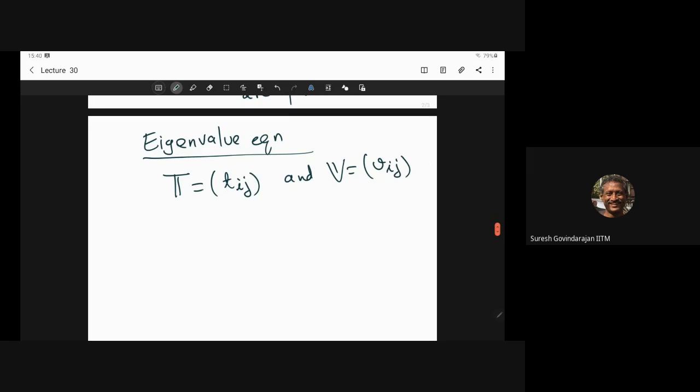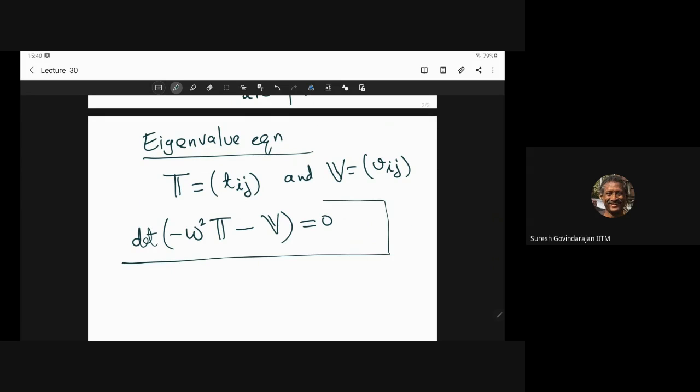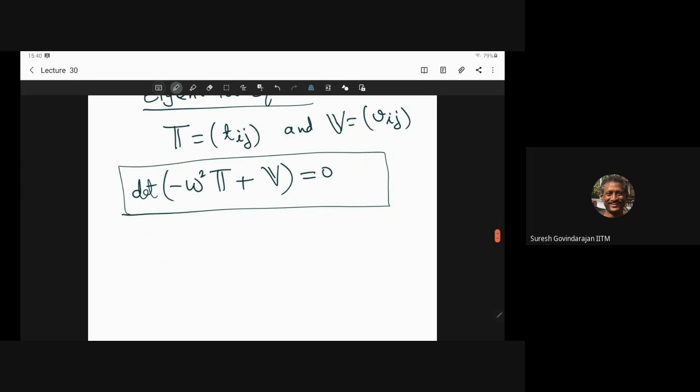Then the equations tell you that the determinant of minus omega squared T plus V should be 0. So far, any questions with notation, etc.?